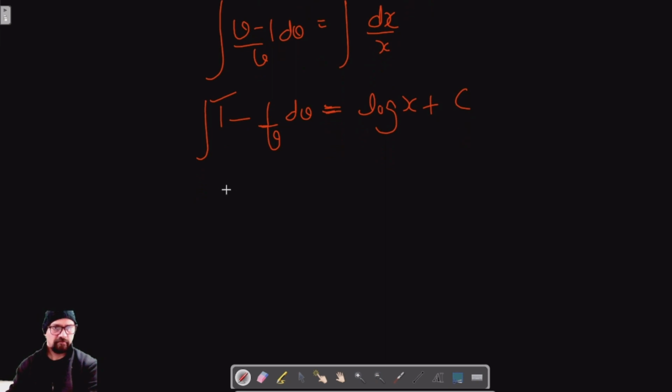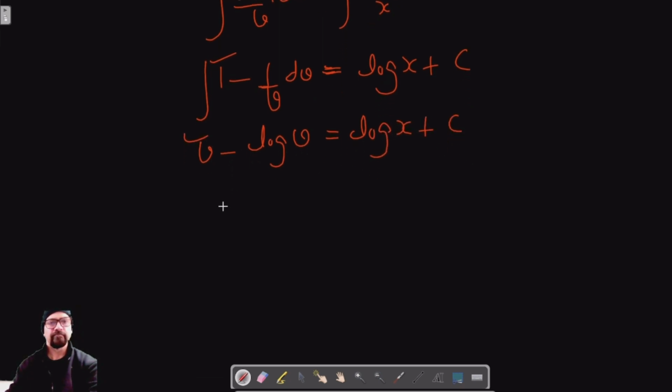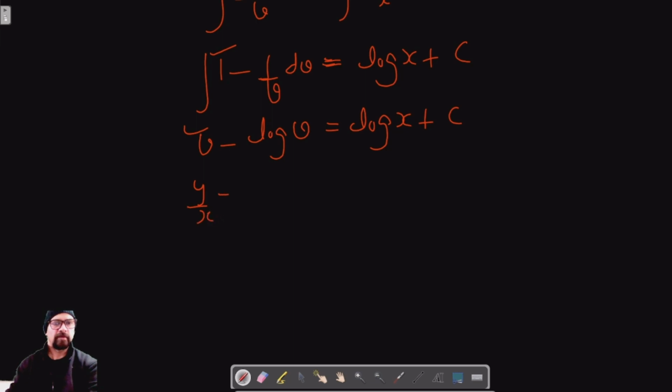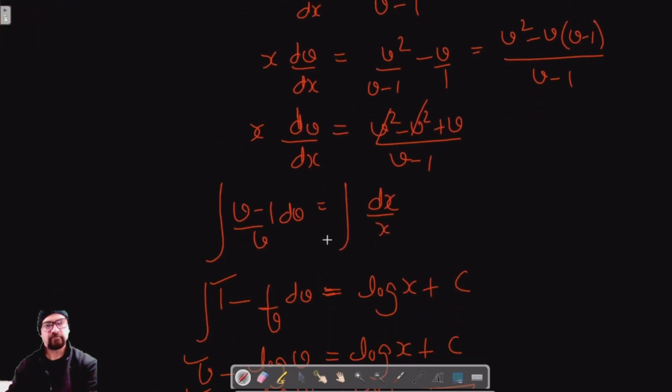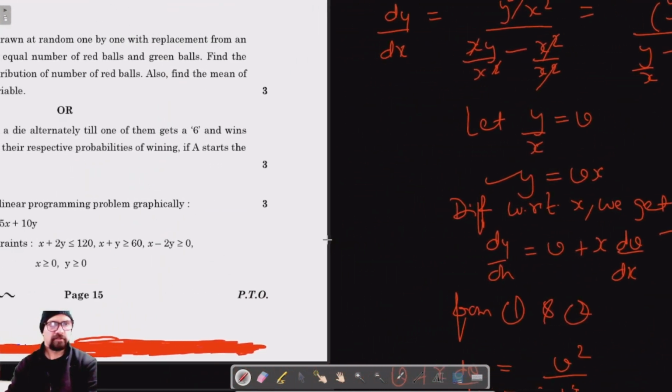Now integration of 1 is v, integration of 1 by v is log v, which is equal to log x plus c. Now v is y by x, so y by x minus log of y by x is equal to log x plus c. This is the general solution of the given differential equation.